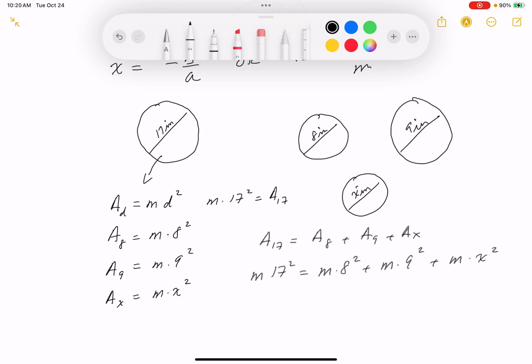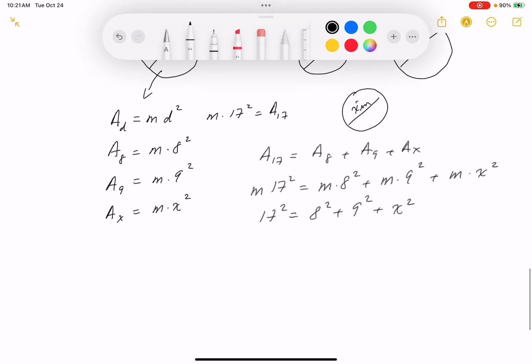In other words, I don't need to know what M is. And I get 17 squared equals 8 squared plus 9 squared plus x squared. I'm going to try to solve for x squared. 17 squared minus 8 squared minus 9 squared is equal to x squared.